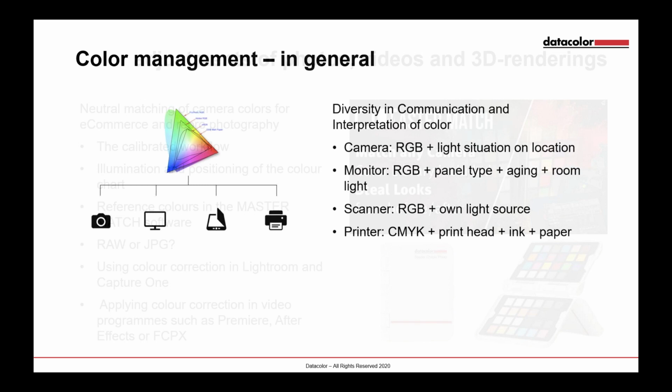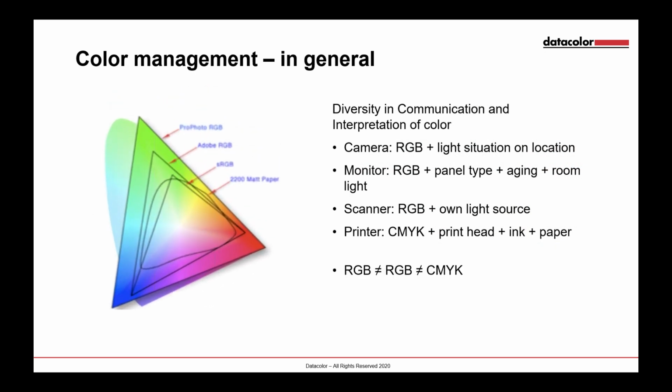The question is, if you have still images, what about RAW and JPEG? Then using color corrections in Lightroom and Capture One, and applying the color corrections in video programs like Premiere, After Effects, and Final Cut Pro, for example. This is the agenda for today. So you see, we have a lot of things to go through, so I will do it in a very fast way.